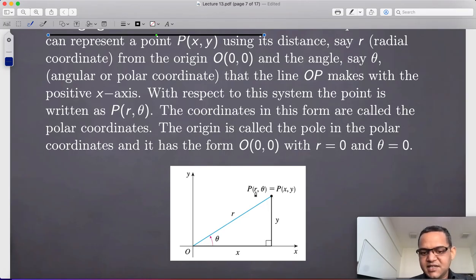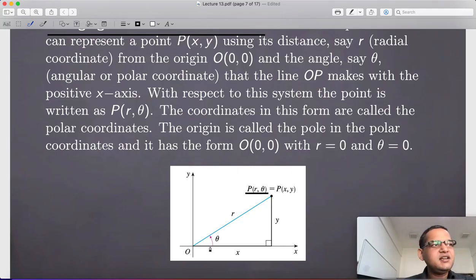The distance is written as r and the angle is written as theta, and you can see that theta is going to go from 0 to 2 pi, and r is always non-negative, correct? So this is another way of representing a given point in the plane. We had one as the Cartesian, and the other way basically involves the distance and the angle with the x-axis.